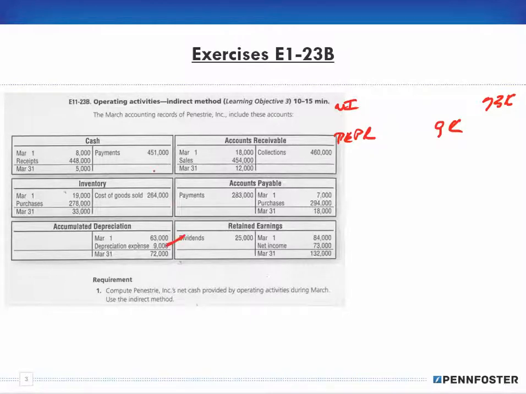Then we have our inventory, and our inventory increases. That increase is the difference between the $33,000 here and the $19,000, which is $14,000.